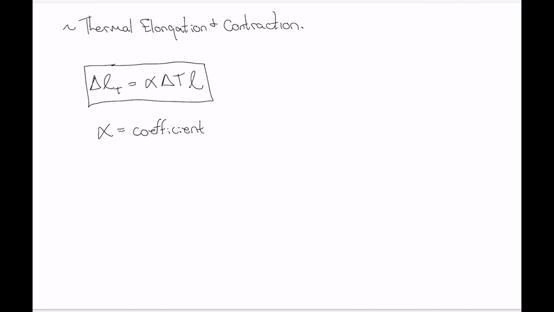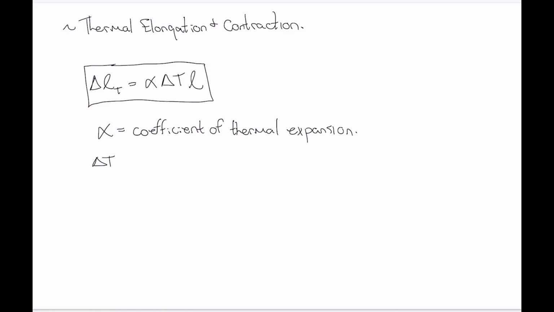Coefficient of thermal expansion. Okay. And you can get this from the material property tables in the textbook, and it has units of degrees to the -1, so 1 over degrees Celsius or 1 over degrees Fahrenheit, depending on what unit system you're working in.